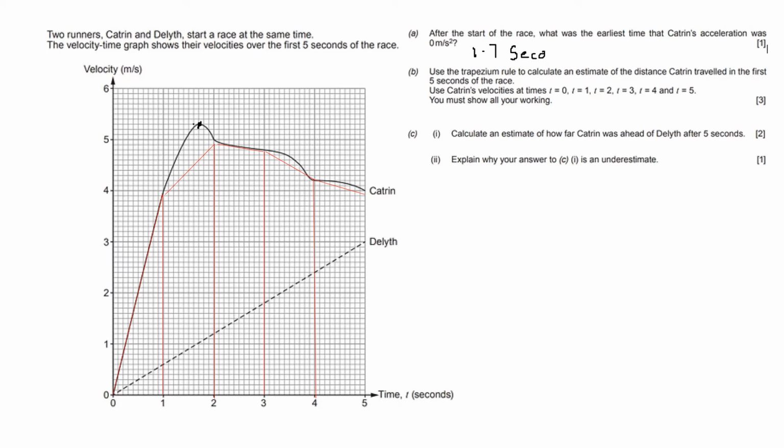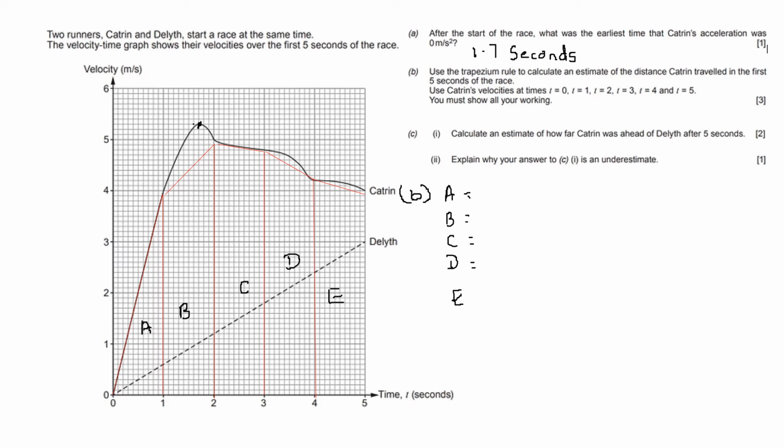Okay, now we've again got to use these trapezia and triangles to calculate how far Katrin has travelled in the first 5 seconds of the race. So we're going to have A, B, C, D and E, because this time we've got 5 shapes, as we can see from the question.